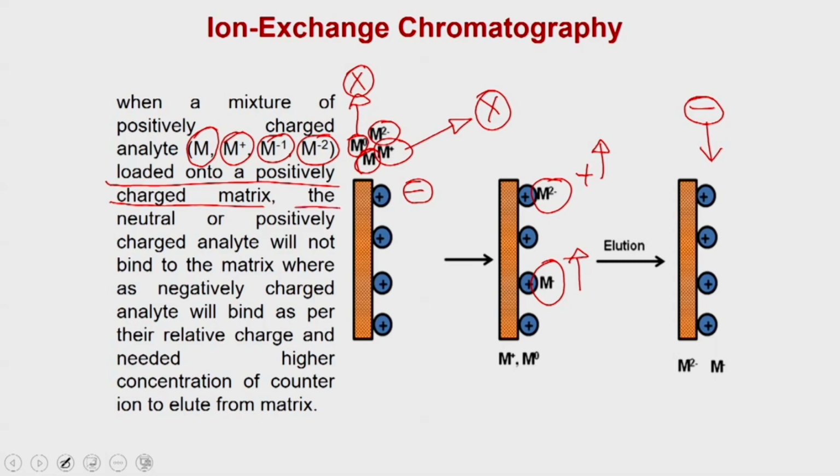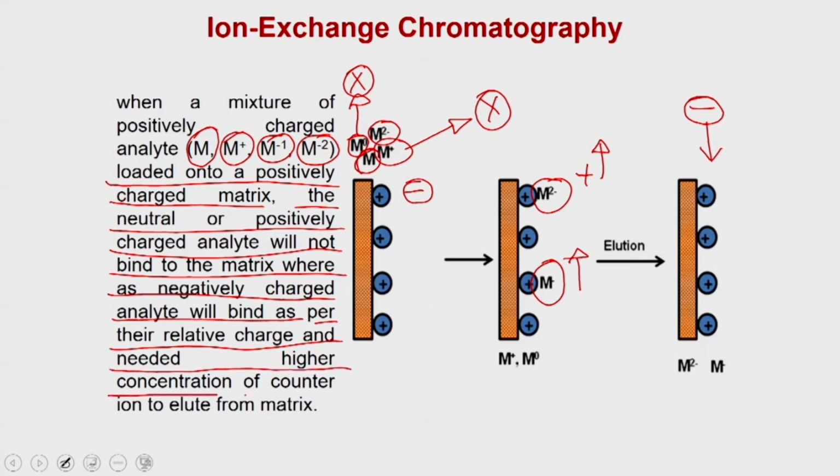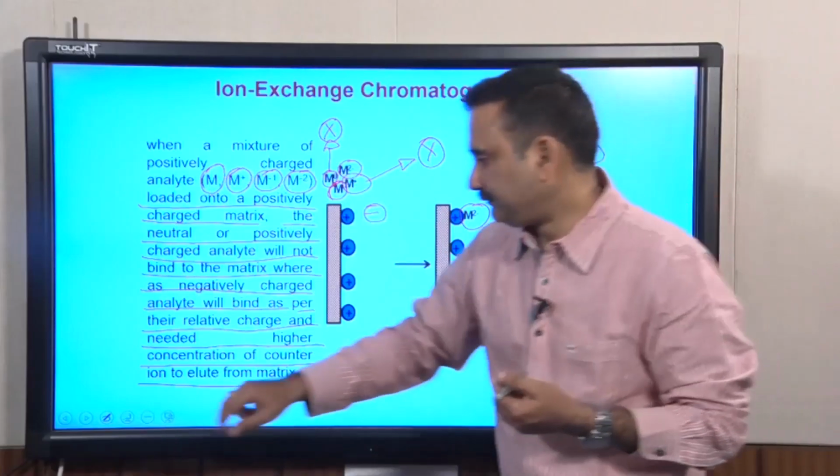So, the neutral or positively charged analytes will not bind to the matrix, whereas the negatively charged analytes will bind, and as per their relative charges they need a higher concentration of counter ion to elute. M2 minus has the higher affinity for the matrix compared to M minus, so you will have to supply a higher concentration of the counter ion to elute M2 minus compared to M minus.